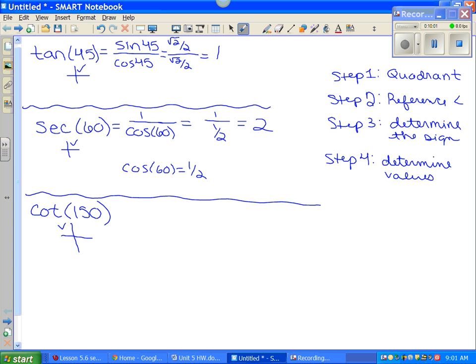Second quadrant. Second step, reference angle. Yeah, 30, good. What's cotangent? Most likely we're going to be using cosine over sine.